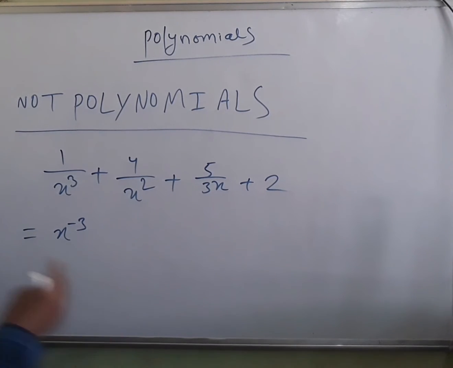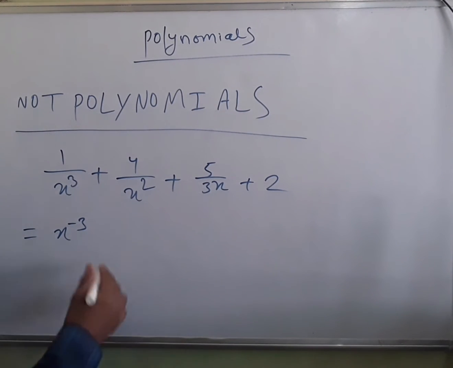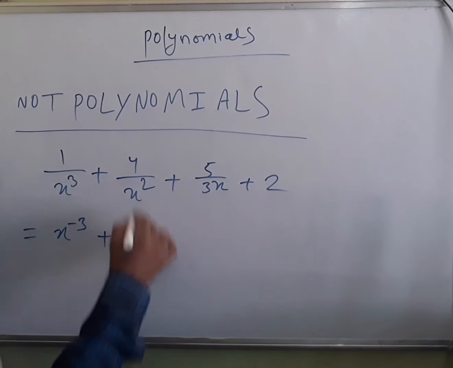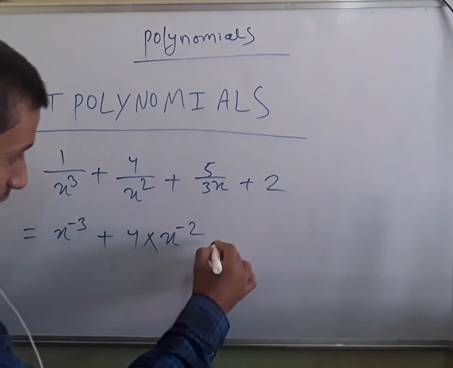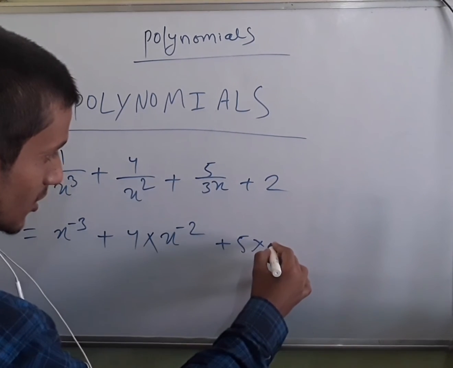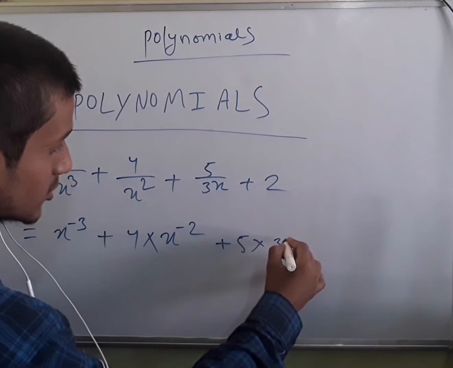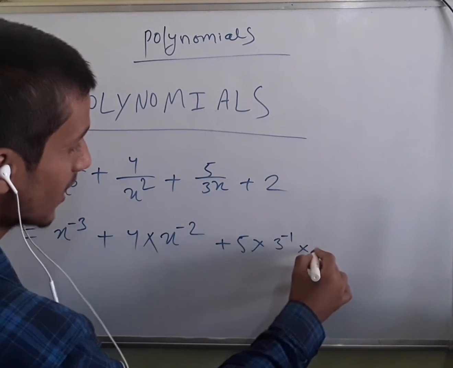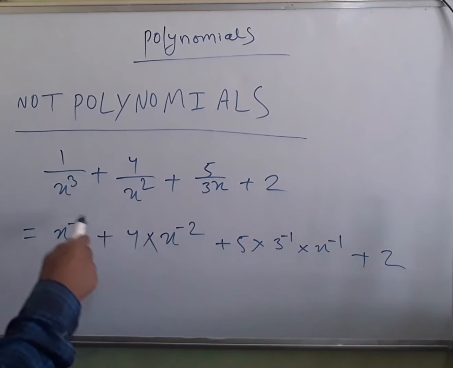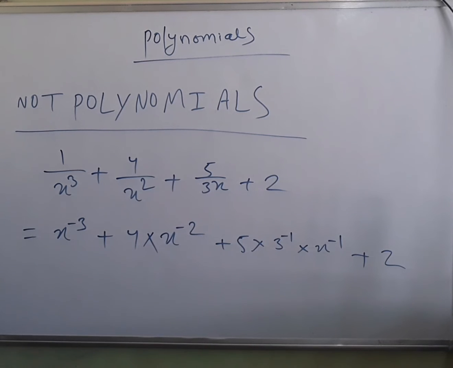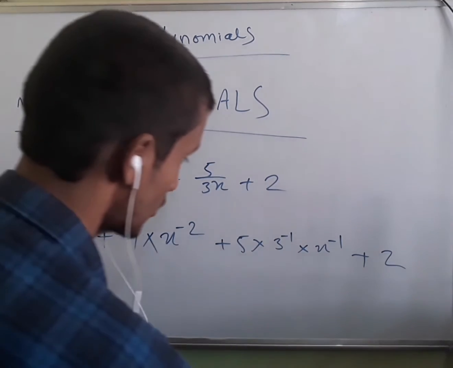Written in terms of exponents, this part is 4 times x to the power minus 2, and this is 5 times 3 to the power minus 1 times x to the power minus 1, plus 2. You can see how many negative exponents there are, and it's not a polynomial because of that. Even one negative exponent makes the whole thing a non-polynomial.